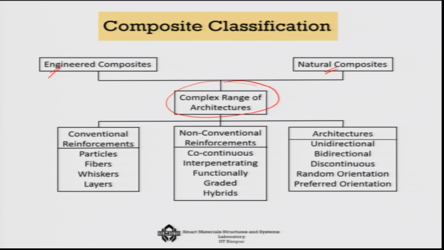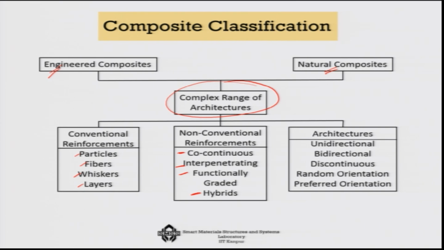Now, in the form of reinforcements, you can have conventional reinforcements like particles, fibers, whiskers or layers, or you can have non-conventional architectures like co-continuous system, where the fiber and the matrix develops together, interpenetrating networks, it happens in polymers, functionally graded materials, I talked about it earlier, and the hybrids where more than one reinforcements are present in the system.